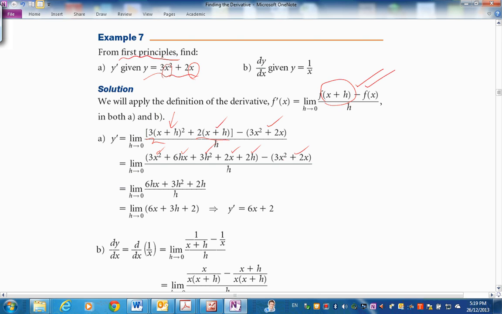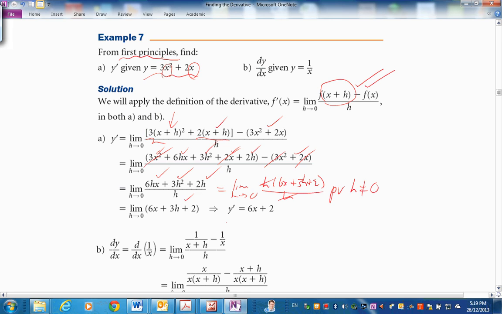Then take away the function, and if you do that, the x squareds go out, the 2x goes out, and you're left with 6xh plus 3h squared plus 2h, all over h. And they've left out a step here. We could put in the limit as h tends to 0, h outside of (6x plus 3h plus 2), over h, and that will cancel, provided that h is not equal to 0.